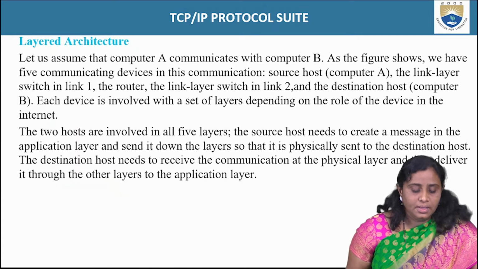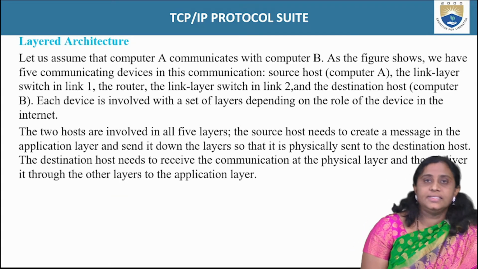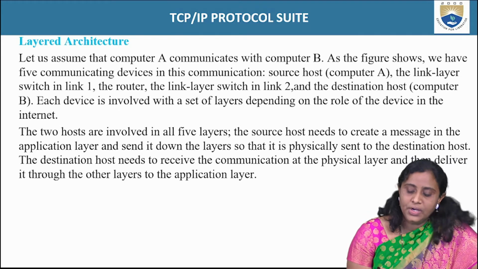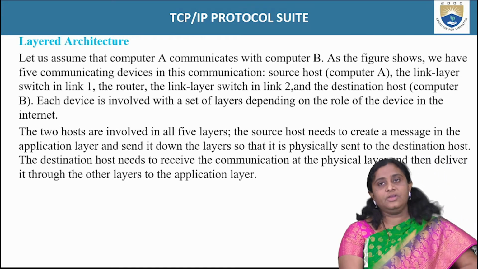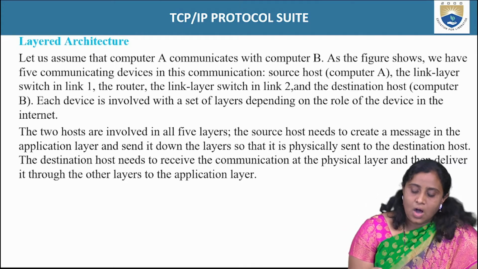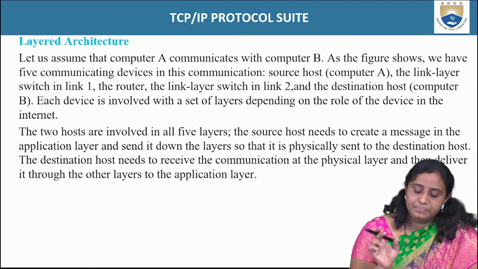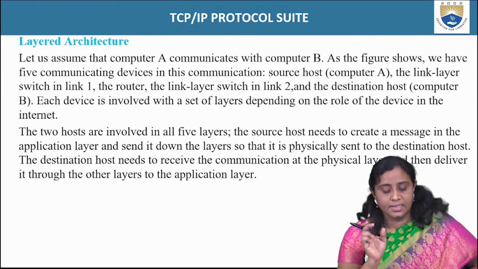Coming to the key points of a layered architecture, let us assume that computer A communicates with computer B, as the figure shows. We have 5 communicating devices in this communication, as I have already discussed. The functions involve the source host and the destination host.